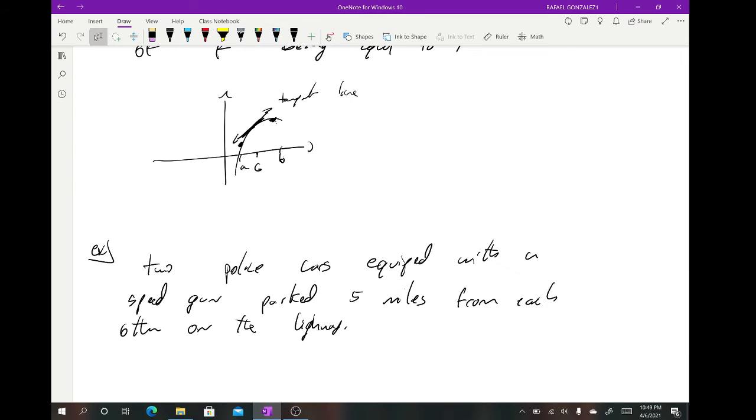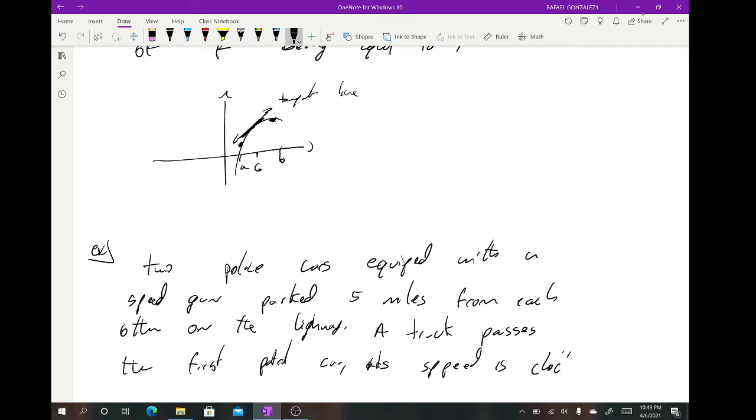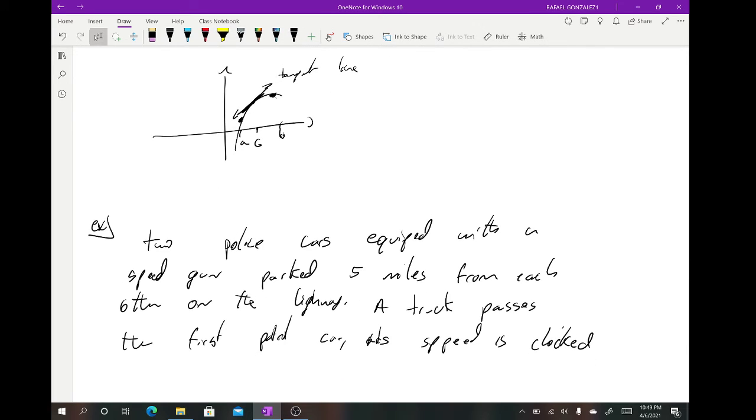Okay. Now a truck passes the first patrol car and its speed is clocked in at 55 miles per hour.